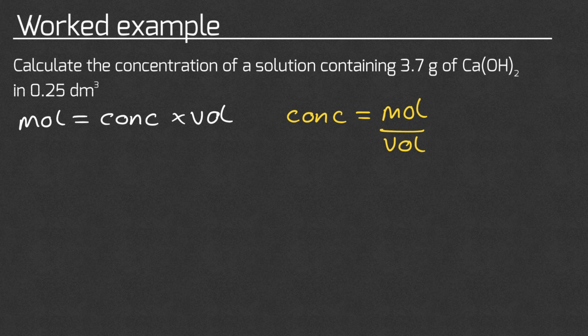In the question, we're given the volume as 0.25 decimeters cubed, but we're given a mass rather than a moles. So we need to convert this mass of calcium hydroxide into a moles before we can use this equation. So just like earlier in the video, we're going to use moles equals mass divided by relative molecular mass.